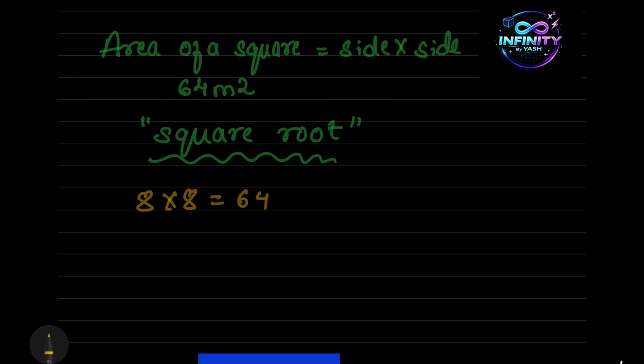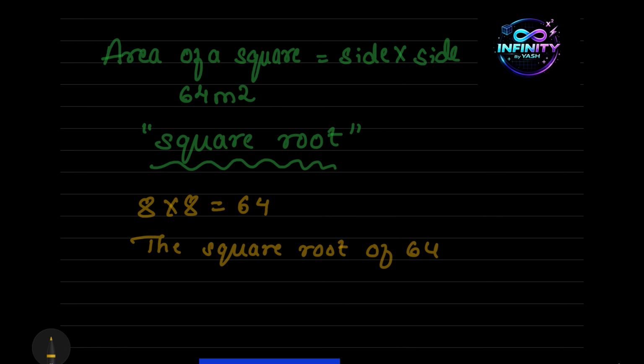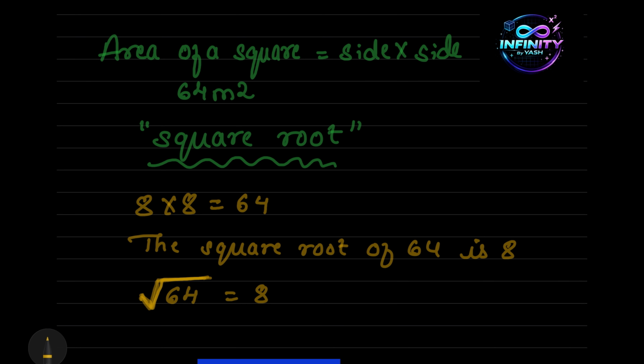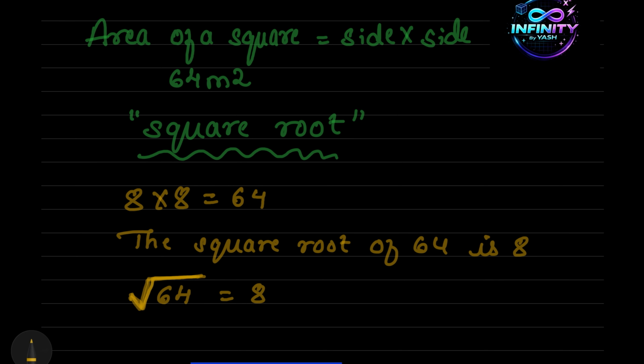So we say that the square root of 64 is 8. And we write it as square root of 64 is equal to 8. This is the symbol we use to represent the square root. Congratulations! You have just found your first square root. So what does square root mean?